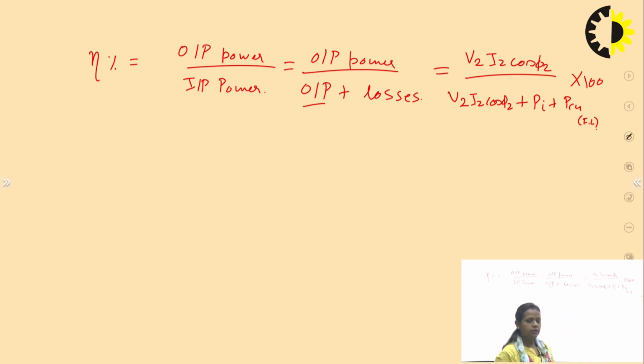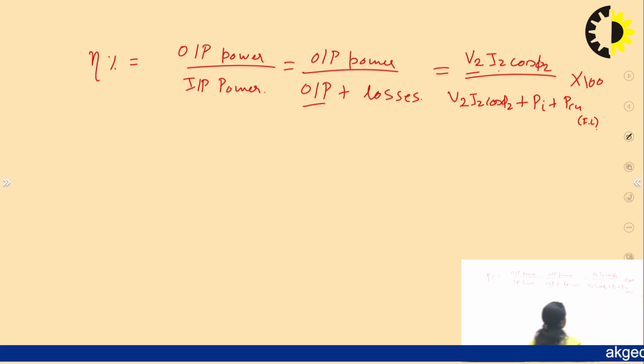Now what if the load is not full load? Suppose you want to find the efficiency of transformer at half load, or at 3/4 of the full load. Here we will multiply this factor with n, right? What is n here? n is the fraction by which load is changing.